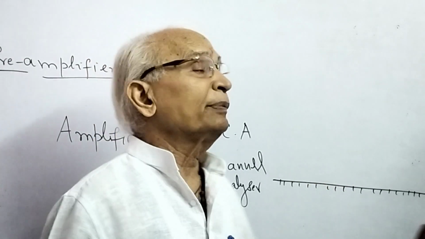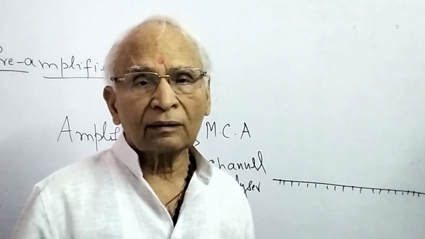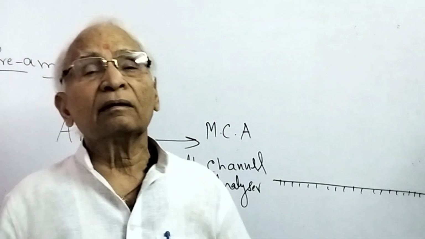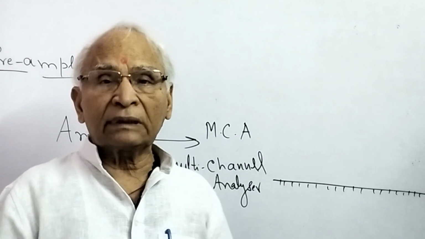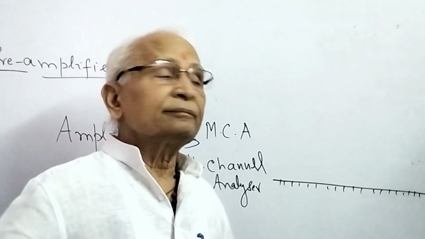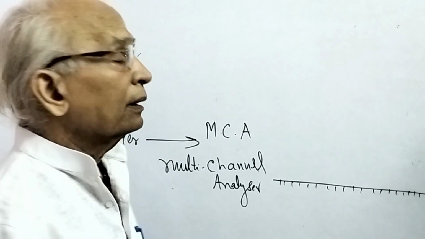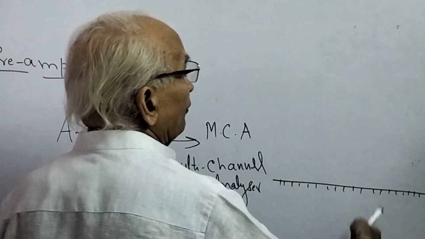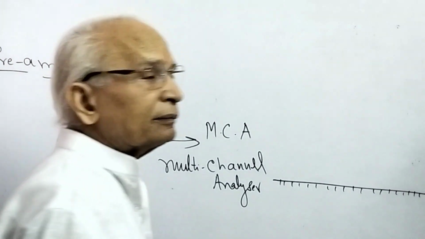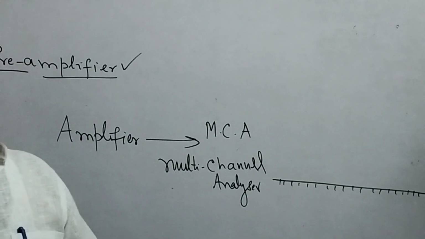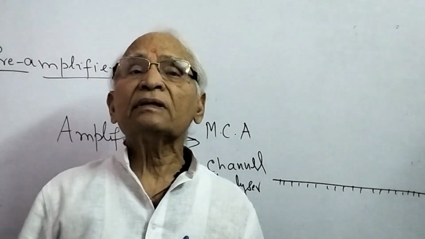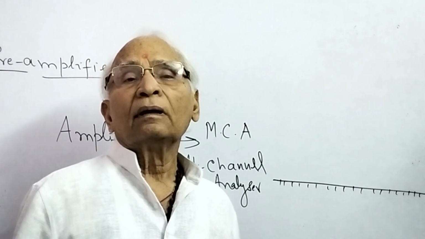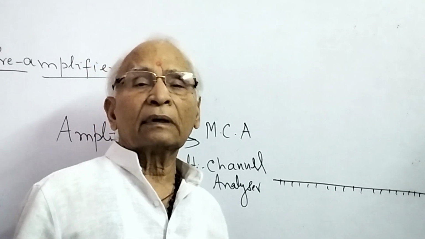This will give the whole spectrum in 100 seconds or 200 seconds. Earlier we were using a whole day, 2, 3, 4 hours, counting the whole spectrum. This gives it in one run. In one run each channel counts its pulses and we get the whole spectrum. So the multi-channel analyzer coupled with PCs is now being used in all laboratories to detect the gamma ray spectrum.